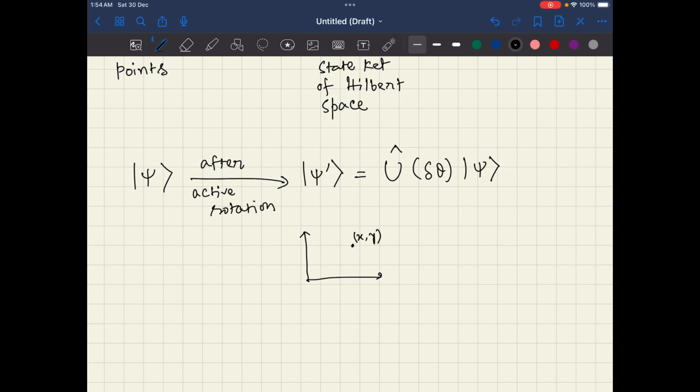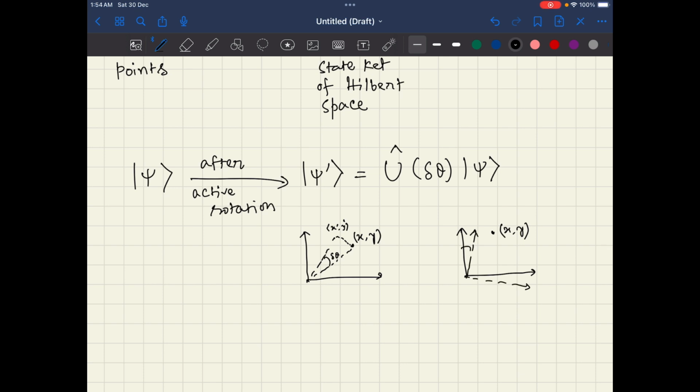Now for the active rotation, you just rotate this particle by an angle theta. So it just travels down by an angle delta theta to x prime, y prime. Or we can think of it as we have that particle at x and y, and I come silently and rotate the coordinate axis. Sorry, it should be in this direction to have the equivalence.